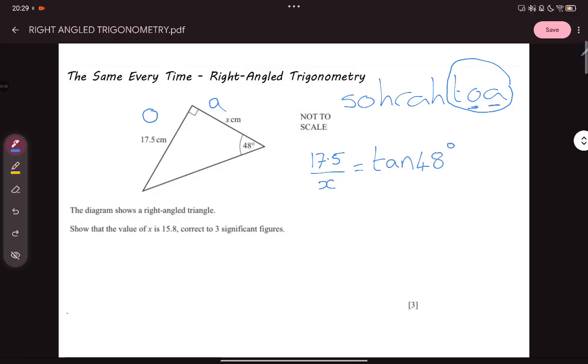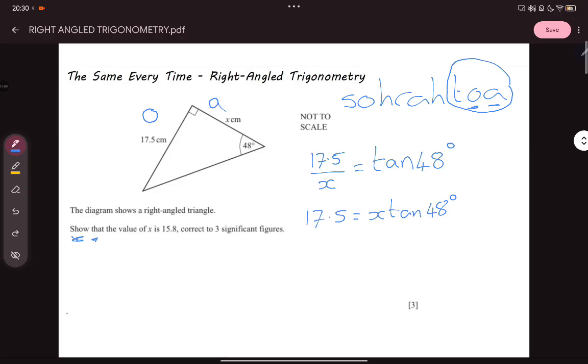Tan 48 degrees is just some number, a not very nice decimal. Now we have to find the value of x here, remembering that this is a show that question, so we are going to have to be writing down every stage of our working out. So what would I have to do here? I'm dividing by x on that side, so I can multiply up by x on the other side. 17.5 equals x multiplied by tan 48 degrees.